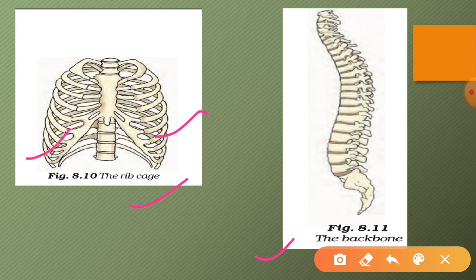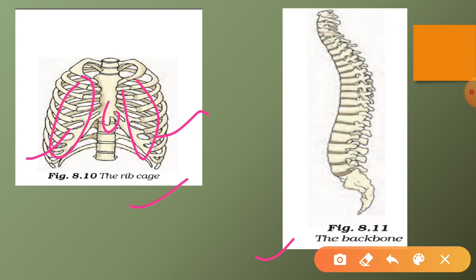The most important things here are our lungs and heart, located inside the rib cage. Here we have our lungs, and at the center is our heart, which is inclined over the left lung. Just because of that, you hear your heartbeat on the left side.